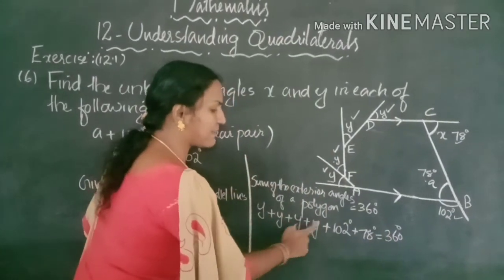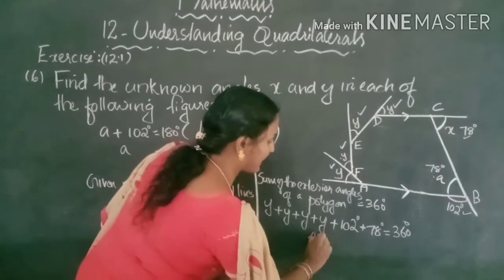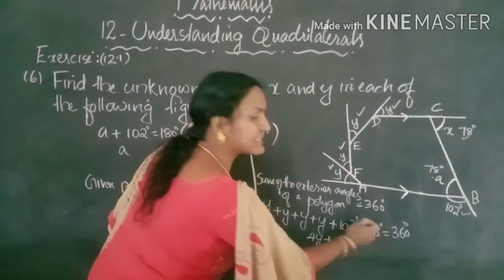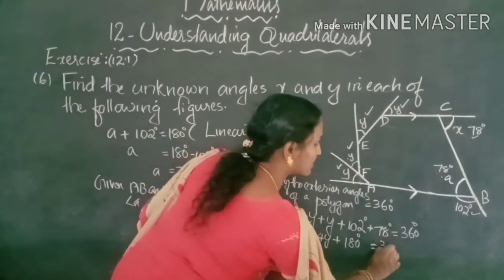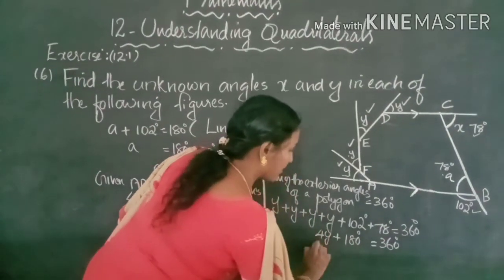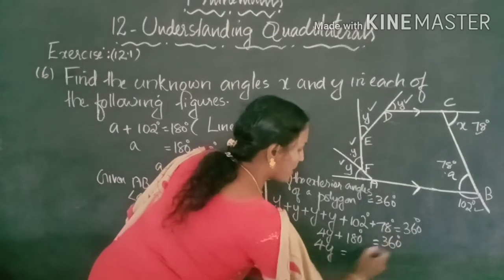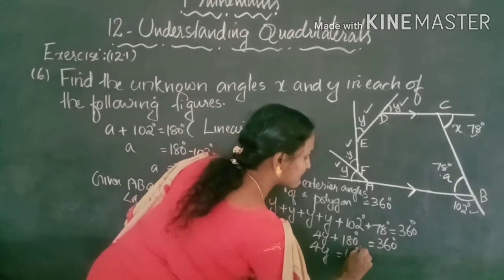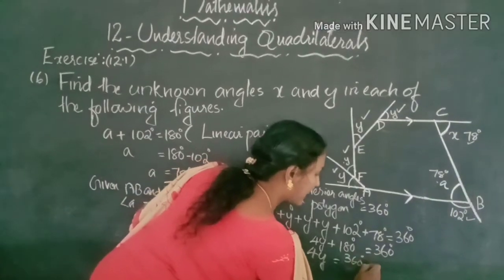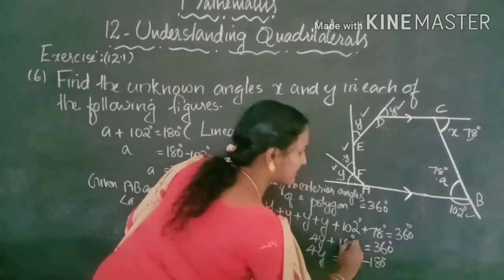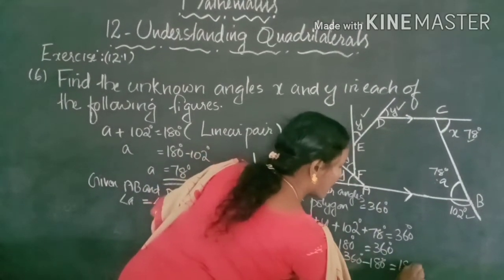y plus y plus y plus y is 4y. 4y plus 102 plus 78, that is 180. So 4y plus 180 is equal to 360. 4y is equal to 360 minus 180, which is 180.